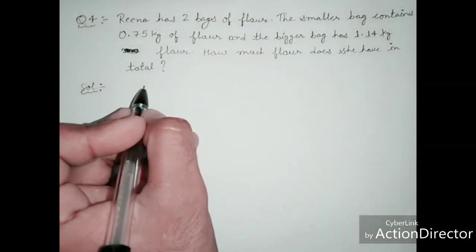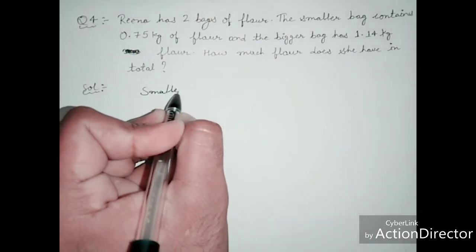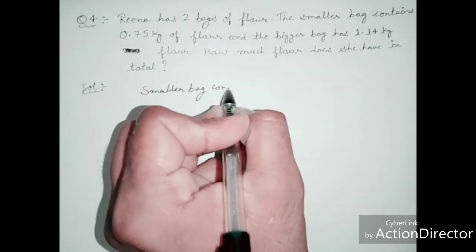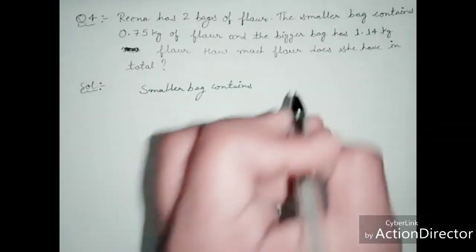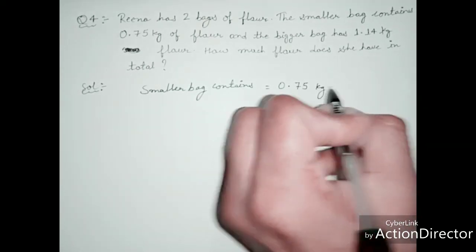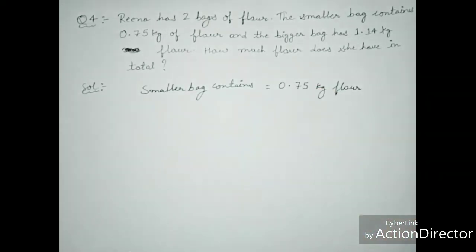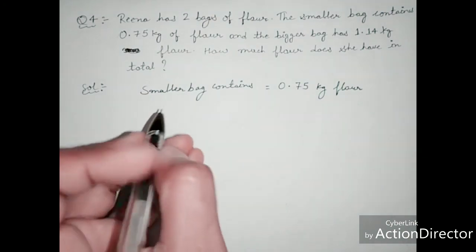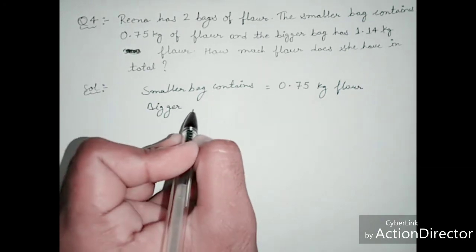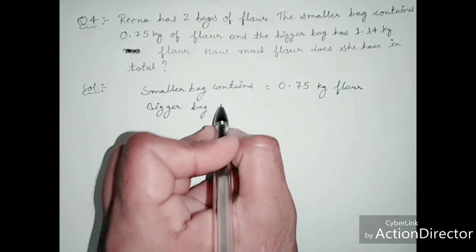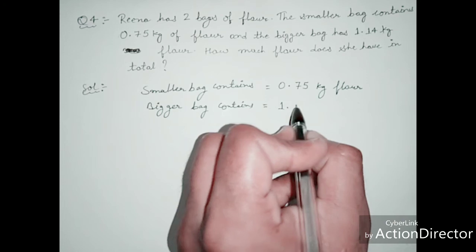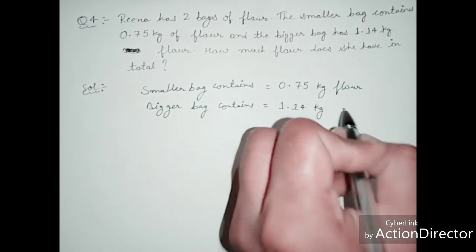Smaller bag contains 0.75 kilogram flour, and bigger bag contains 1.14 kilogram flour.